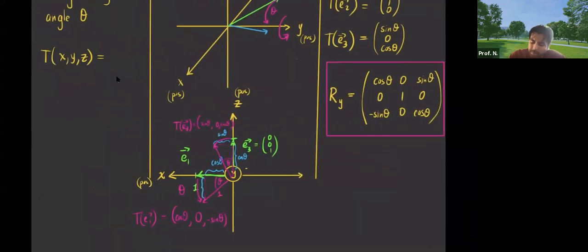So now if I apply the rotation matrix about the y-axis to any vector, I know exactly what happens to it.